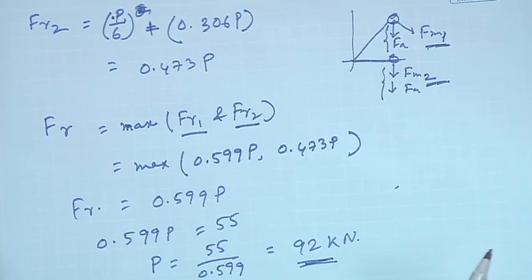So, this is how, if we know the distribution of bolts and the loading distribution, then either we can find out the load considering the maximum capacity of bolt due to shearing and bearing, or we can apply a certain load and check whether the existing bolts, in the way they are distributed, are safe or not.